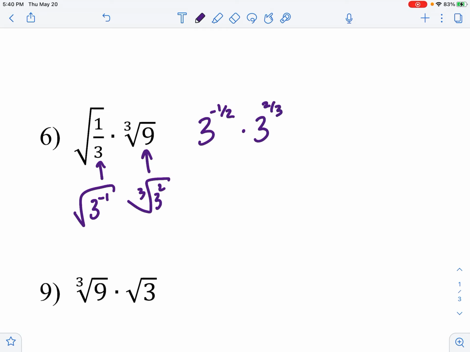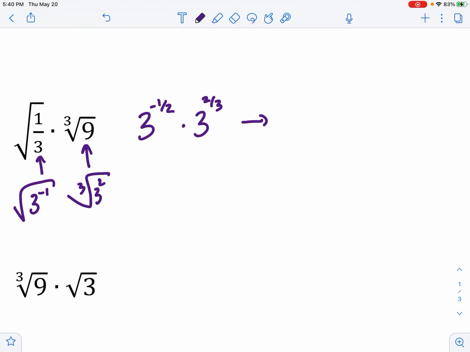Okay, let's see. I have 2 exponents with the same base being multiplied. That means that I'm going to add their exponents. I cannot do this addition in my head, so off on the side, I'm going to write negative 1/2 plus 2/3. I need a common denominator, so I'm going to make them over 6. 2 times 3, 3 times 2.